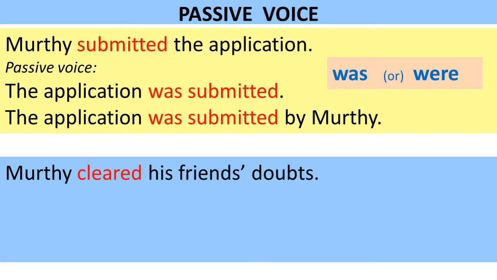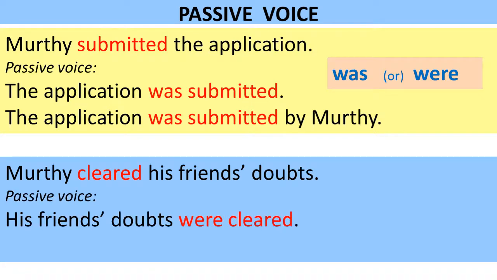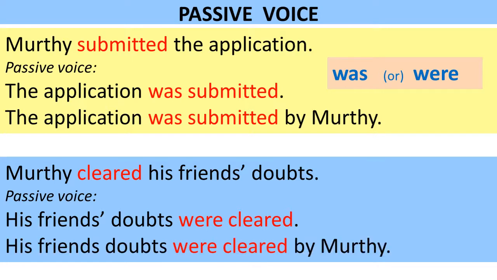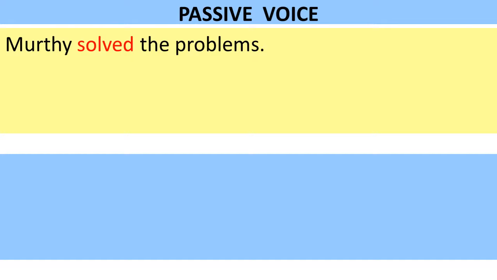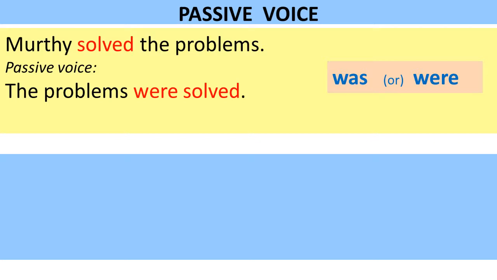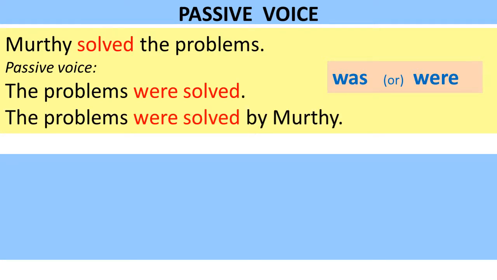Again we have these two options, was, were. Passive form: His friend's doubts were cleared. His friend's doubts were cleared by Murthy. And here Murthy solved the problems. The passive form can be written using one of these two words. The problems were solved. The problems were solved by Murthy.